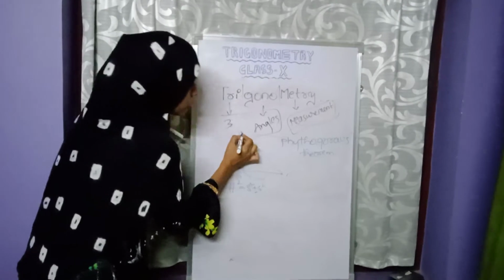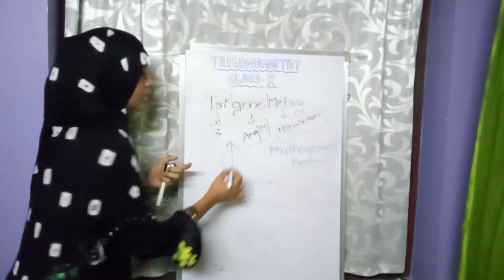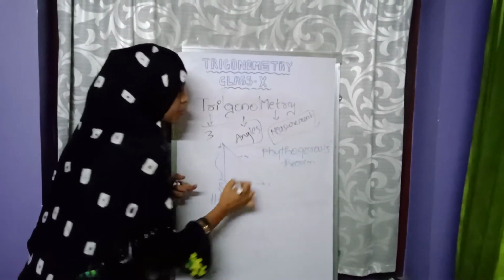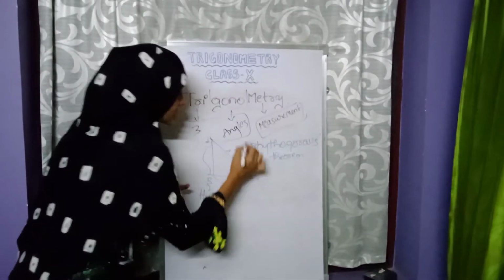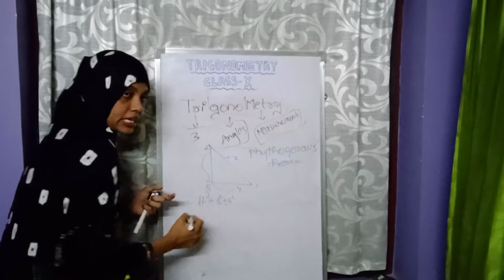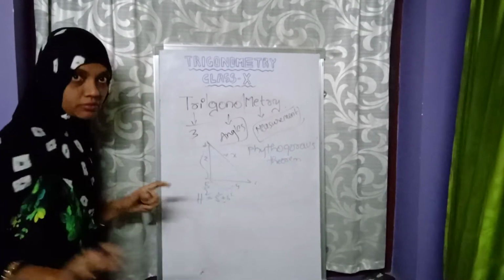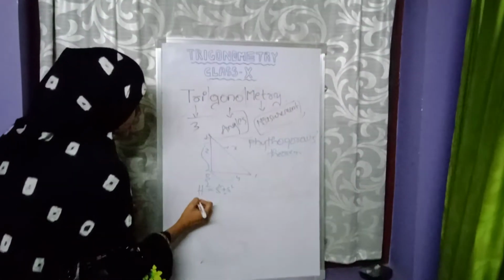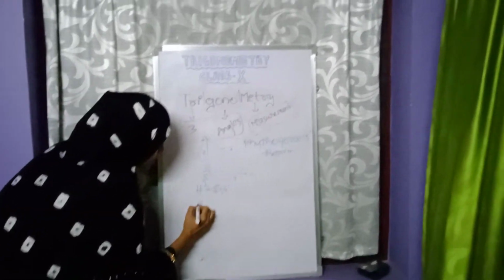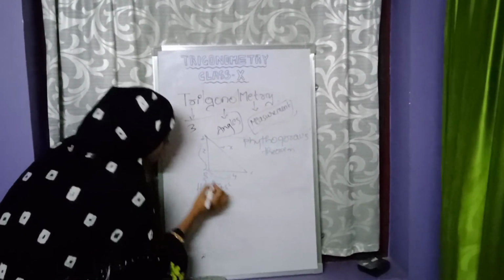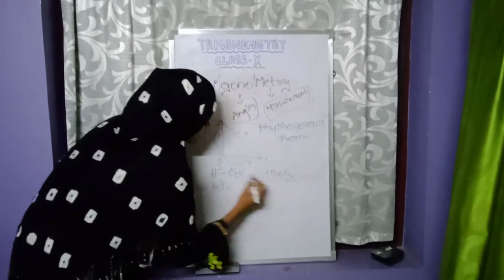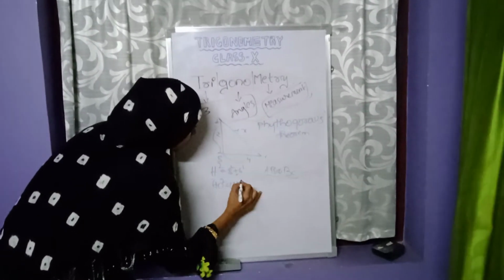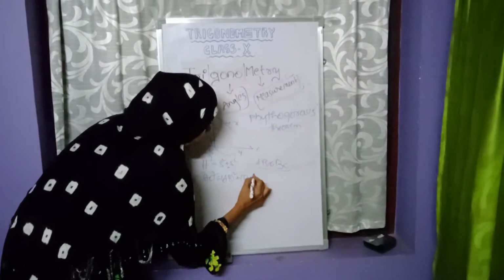See children, we know that AC is the largest side and this largest side is known as the hypotenuse. Suppose I give the value of AC as X, BC as Y, and AB as Z. What is the hypotenuse here? AC. AC square is equal to the two remaining sides, AB whole square plus BC whole square.